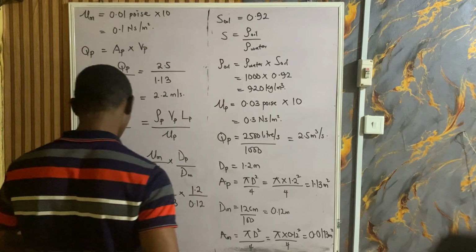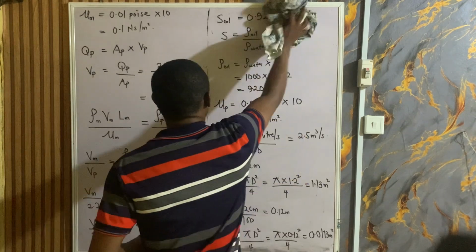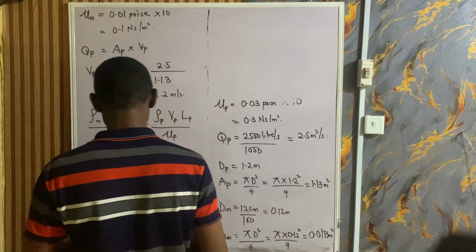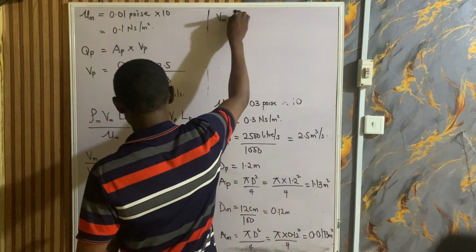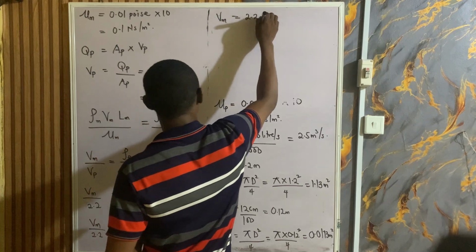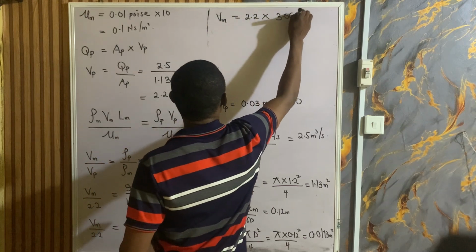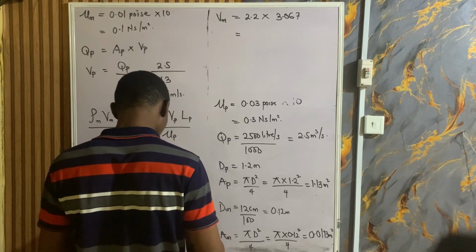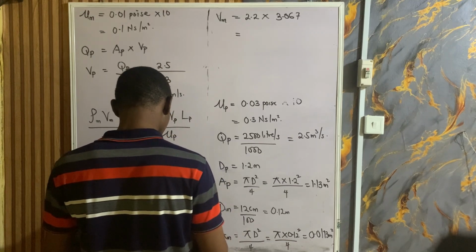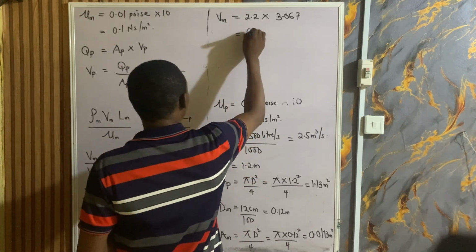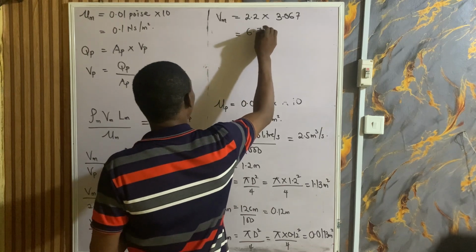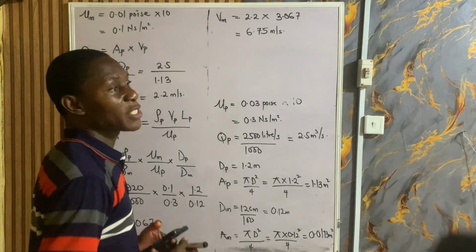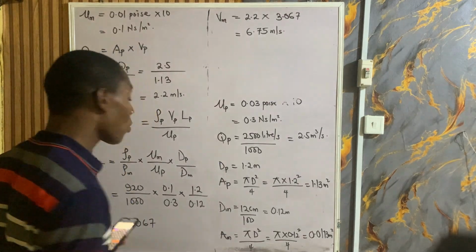So we can therefore say that velocity of model is equal to 2.2 multiplied by 3.067, which is 6.75 meter per second.